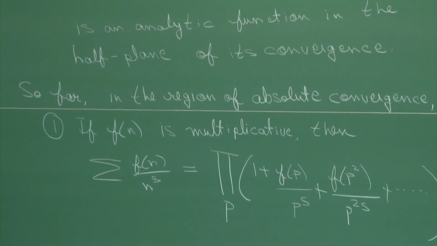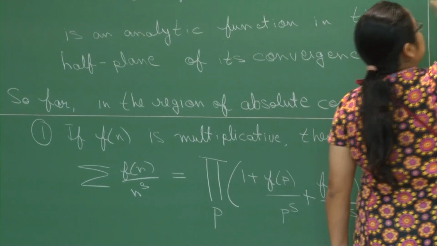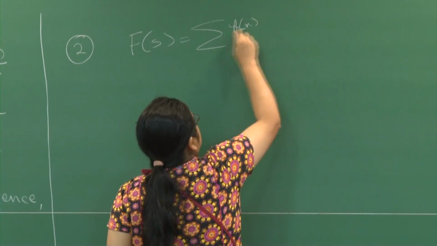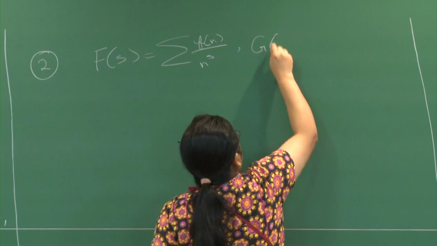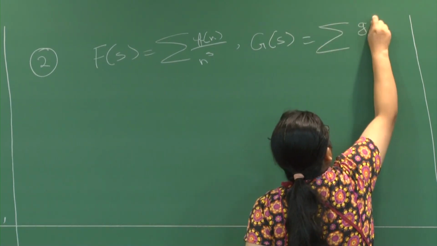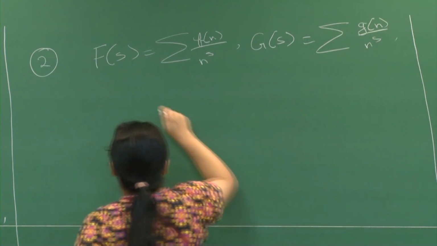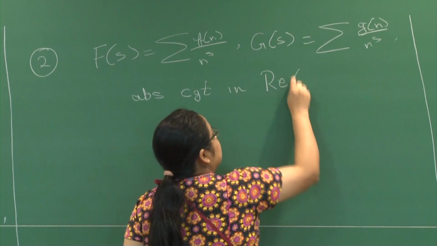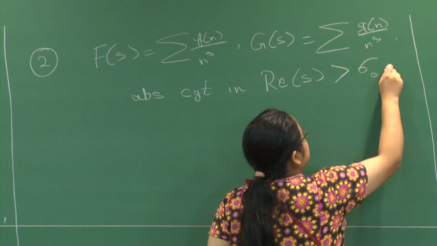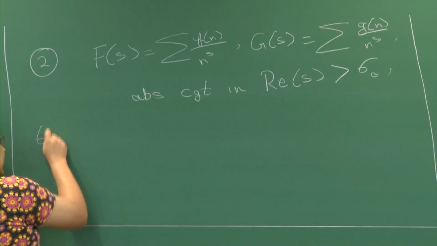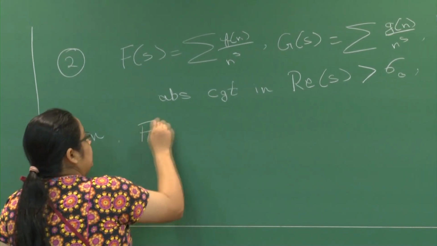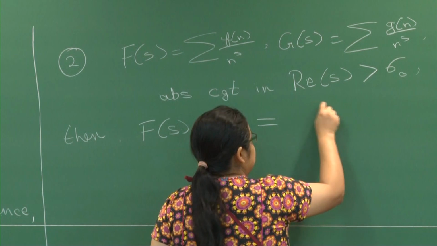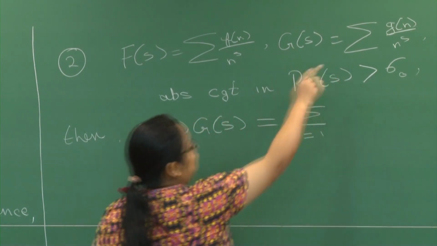Moreover, the other important property that we learned is that suppose you have two series, capital F of S and G of S, which converge absolutely in the region real part of S greater than, say, some sigma 0, suppose you know this, then in this region capital F of S times G of S, the product of these series, can be expressed as a Dirichlet series coming from the convolution of the arithmetic functions.